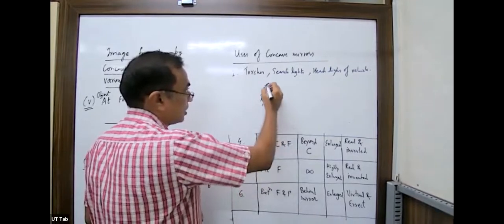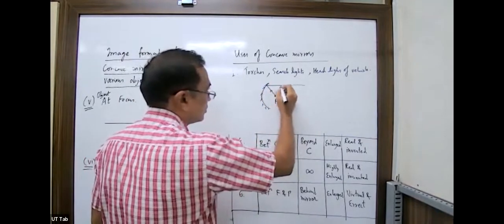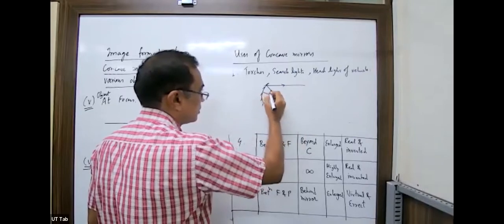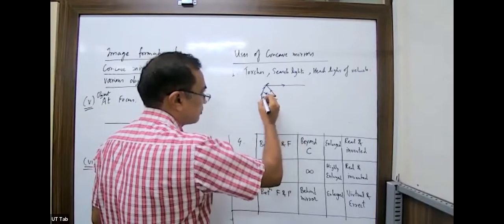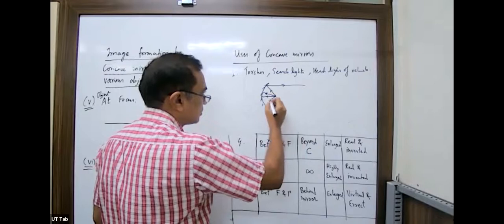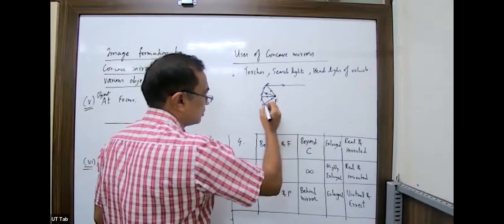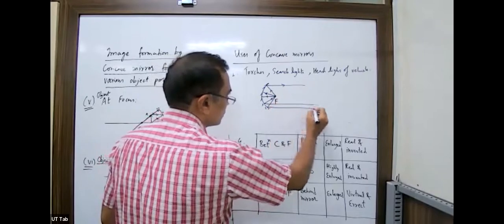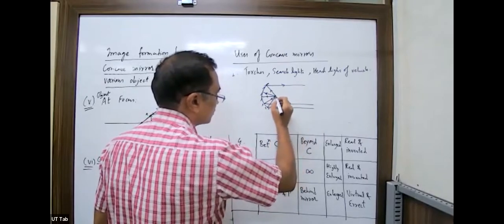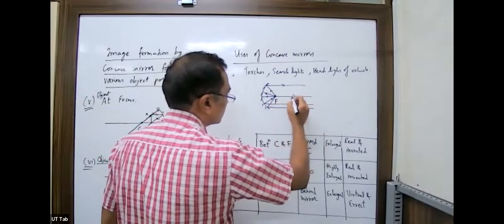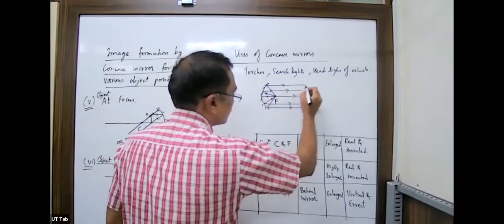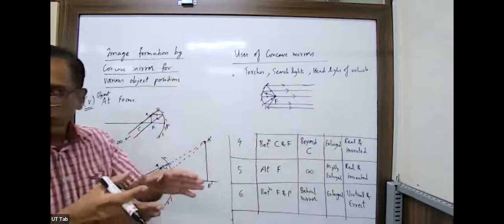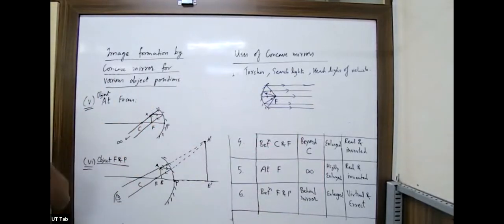Whenever the light falls on the mirror from the focus, it will be parallel to the principal axis. That's it. A strong parallel beam will be produced in this situation. So all vehicle lights are now used in this situation.